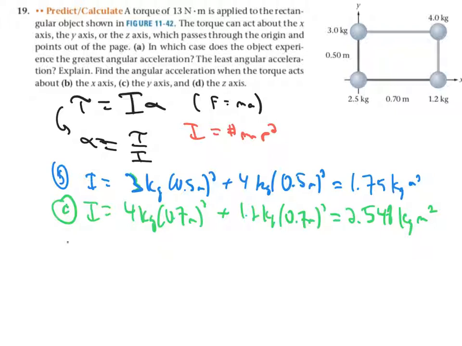And then finally, if we're rotating around the z-axis, which is this thing, and I can't really draw it, but it means the whole shape is rotating in the plane, then this one doesn't contribute. Notice it hasn't contributed to any of them because it's at the origin, so any axis through it won't contribute at all.